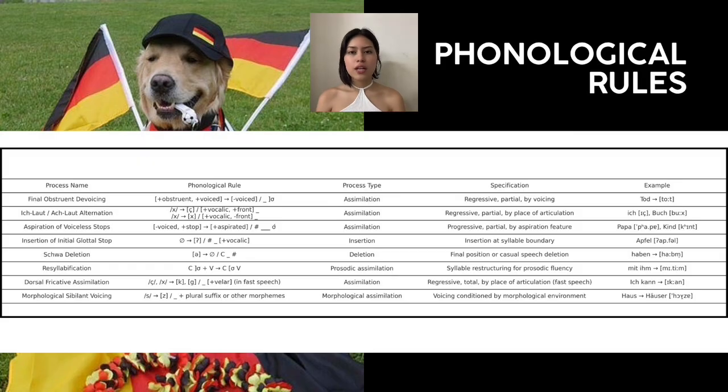The morphological syllabic voicing. The rule is that a consonant becomes voiced in certain morphological environments, such as before plural or derivational suffixes. Its type is morphological assimilation, and its purpose is that it signals morphological boundaries and maintains fluent transitions between morphemes.